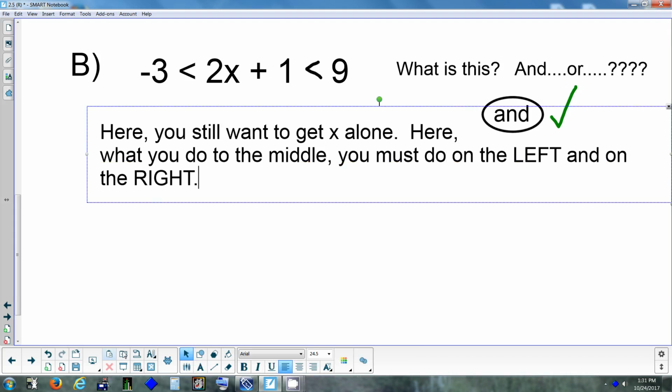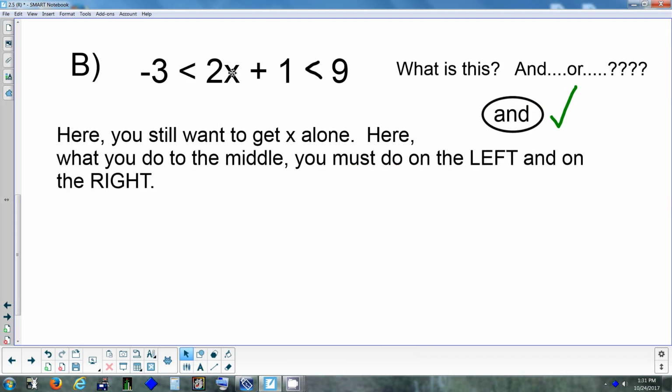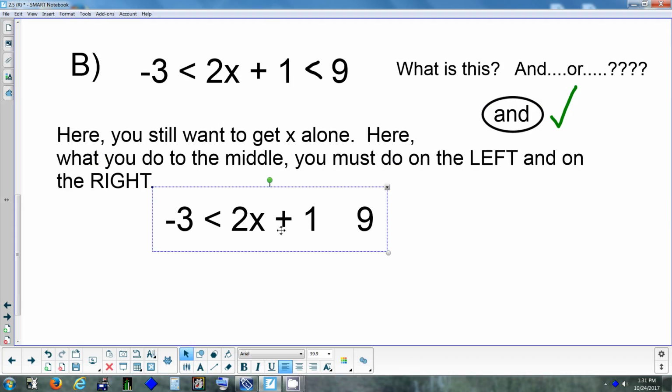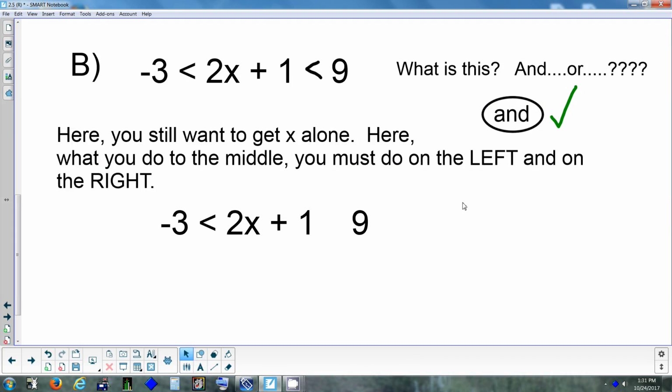So, in this problem, what do we want to get by itself? The x. So what number is attached to x? 2x. So this is what I want to get by itself.